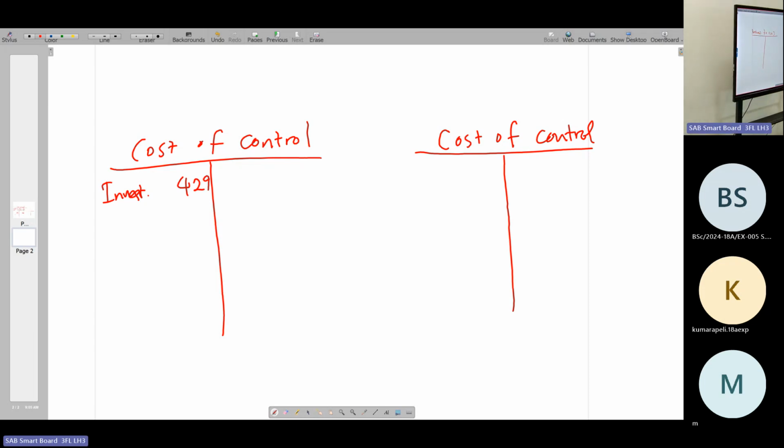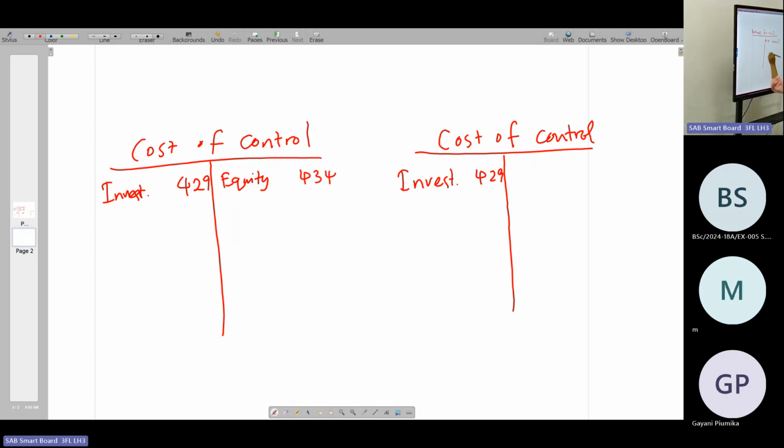Then the equity. You should take the equity of the acquiree, 334. Double entry: equity debit, cost of control credit.